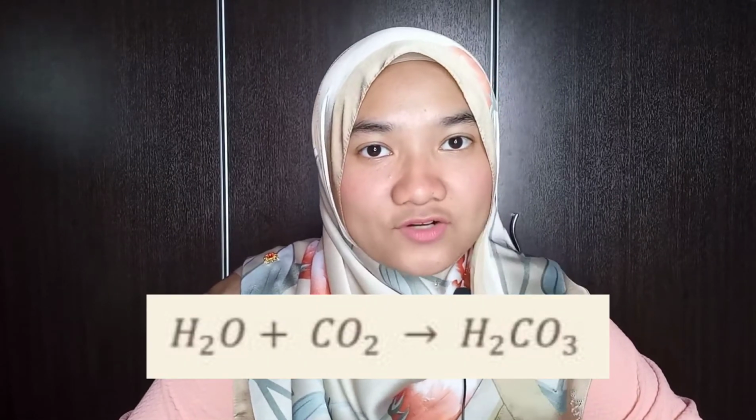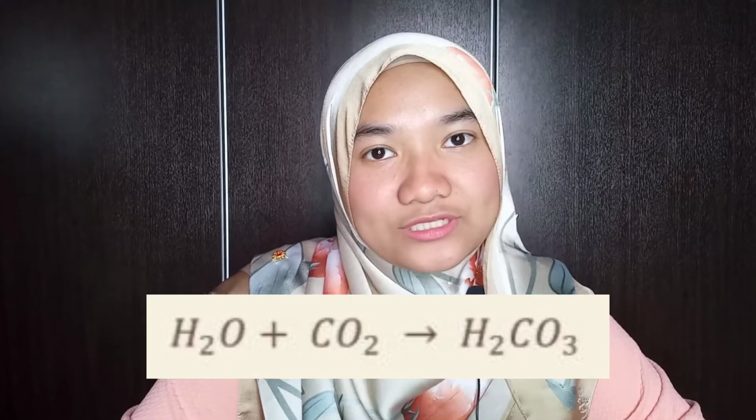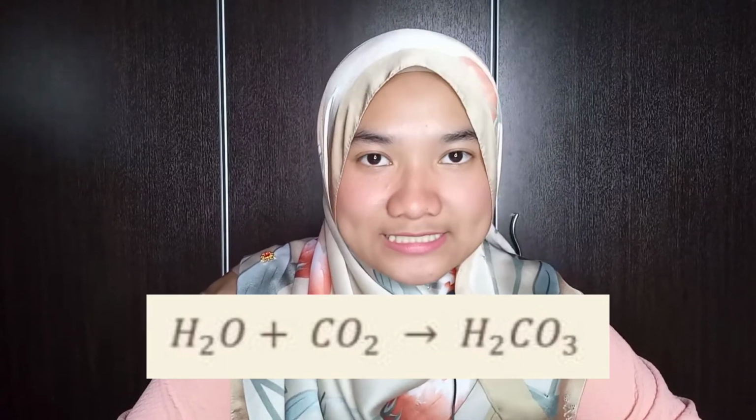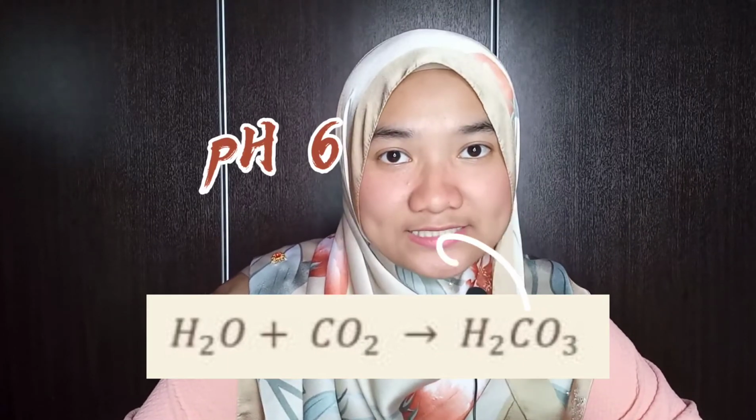While it is falling towards the ground, it will dissolve carbon dioxide from the atmosphere and will form carbonic acid with the pH of 6. When we burn the fossil fuels, it will release some gases such as sulfur dioxide and nitrogen oxide. These both gases will get into the rain and form acid rain with the pH 3.